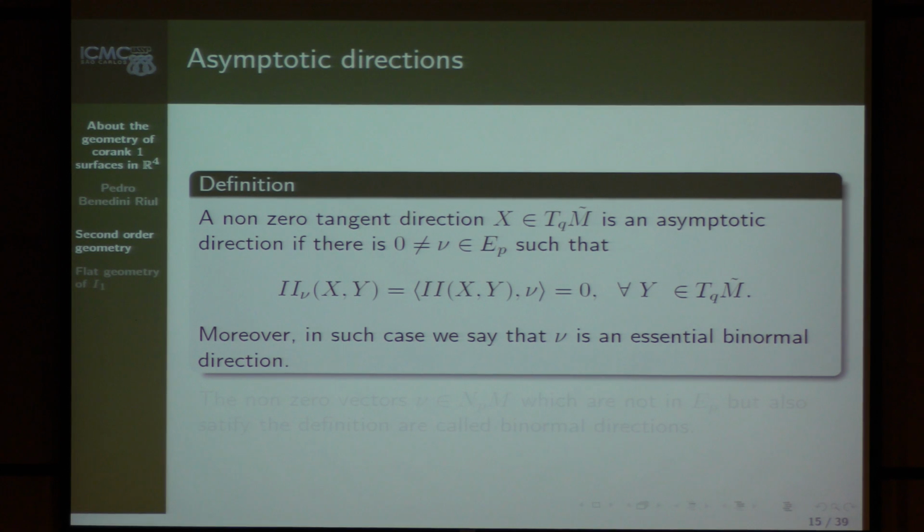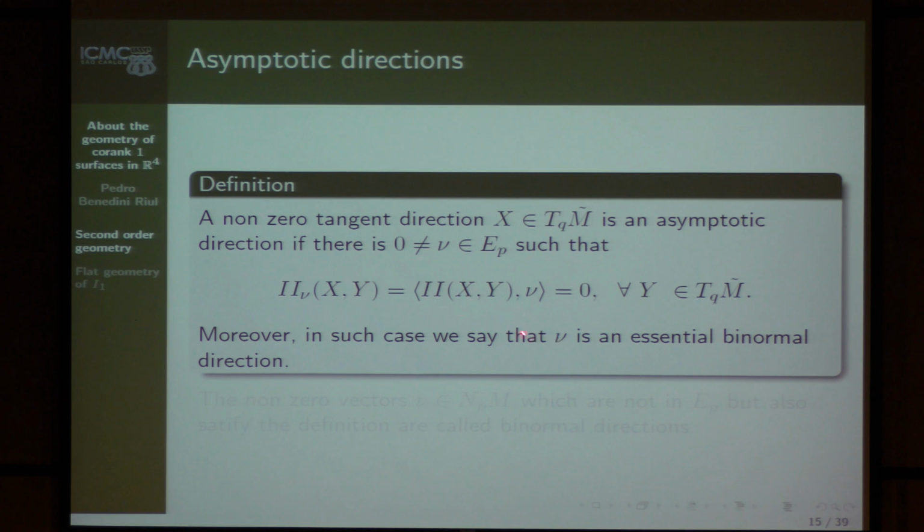Well, now I can define the concepts of asymptotic and essential binormal directions. A non-zero tangent vector x is an asymptotic direction if there is a non-zero vector in Ep, the curvature plane, satisfying this condition.